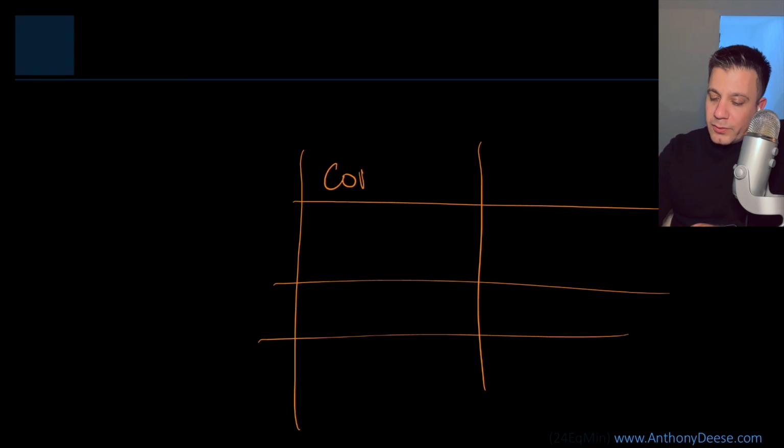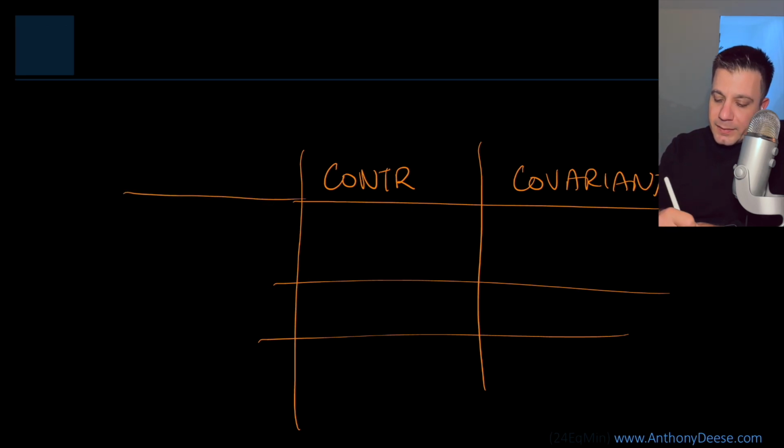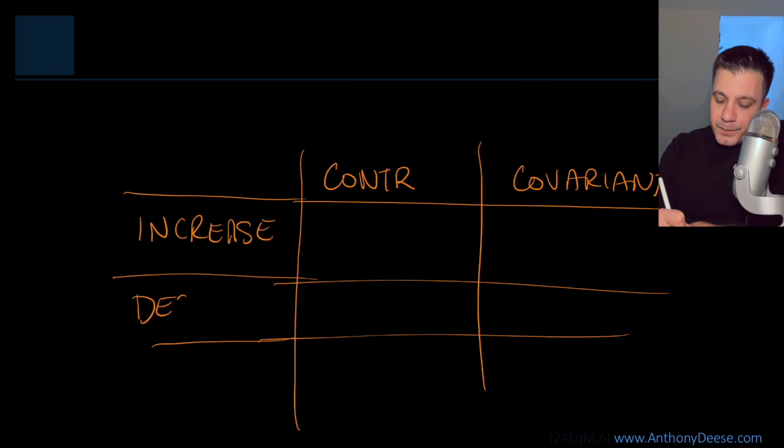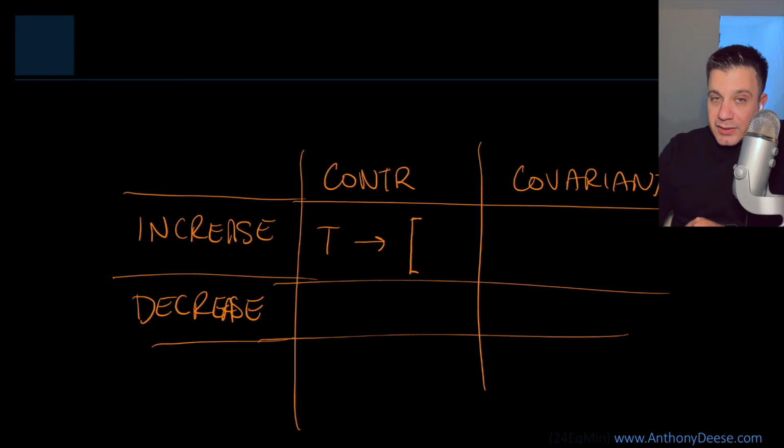So if I write contravariant rank, covariant rank, increase as well as decrease, what we see is that when we increase the contravariant rank, we take a single element, which I'm just going to represent as t, and we stretch it out, and this is contravariant, so we stretch it vertically into multiple elements. If we increase the covariant rank, we take a single element.